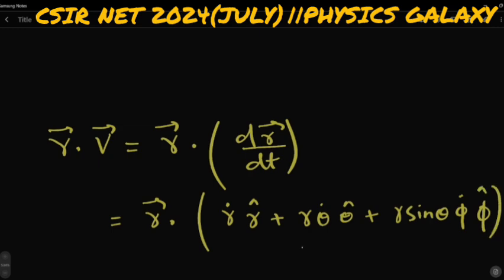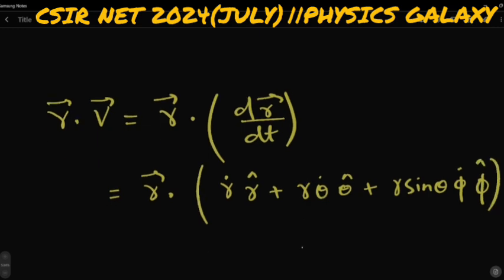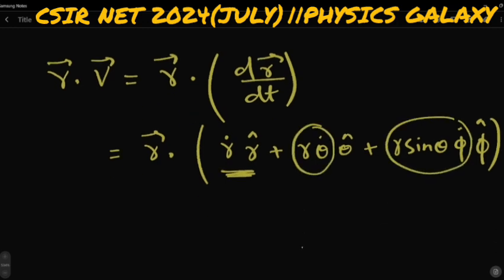Now you don't have to remember all these terms. You only need to remember that dr vector by dt equals r dot r cap, and you don't have to remember the other factors. Why? Because ultimately you have to dot it with r vector. When we dot it with this, only this term will survive.